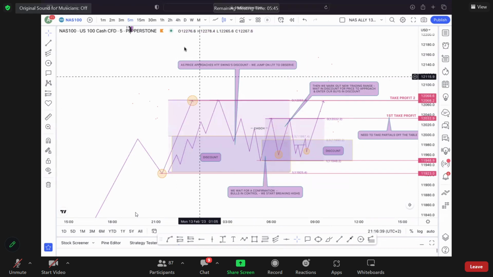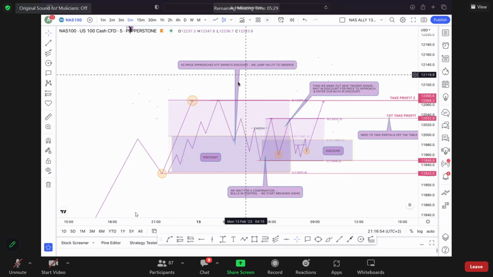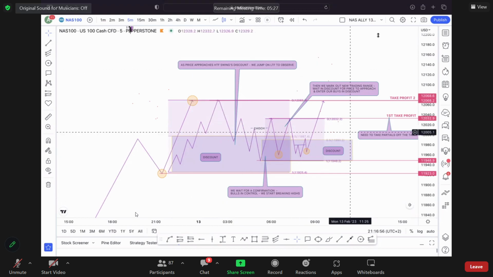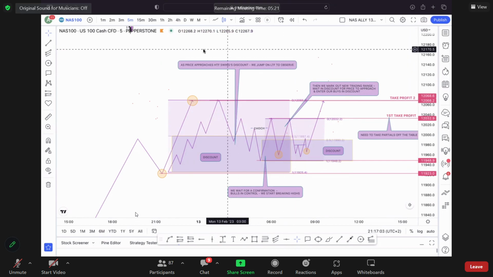Byron, sorry, you have a question there. Can I ask something? Yes, sure. So as you see the current price on Nasdaq, the price seems like it's reacting off an imbalance. Is it possible for price to react off an imbalance, then start to push to the upside?